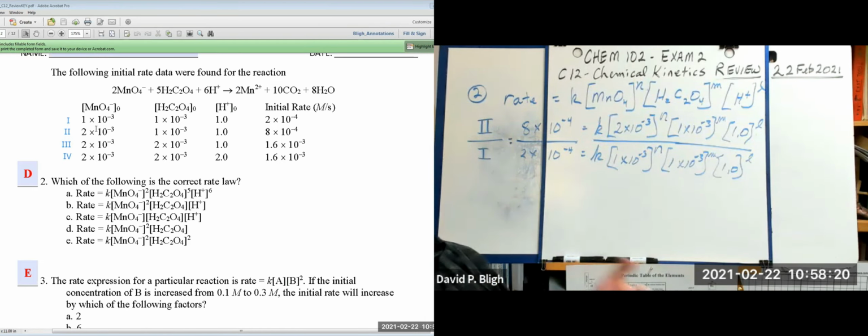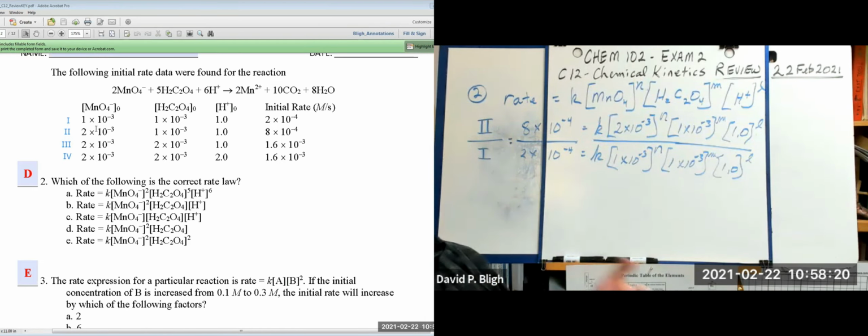So the rate is 2 times 10 to the minus 4 equals K. And then the concentration of manganate is 1 times 10 to the minus 3 squared. And the oxalic acid is 1 times 10 to the minus 3 to the first power.